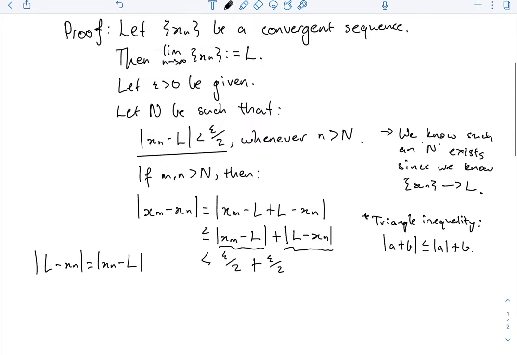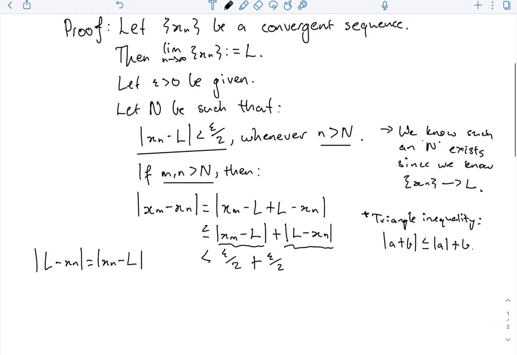Because we have m and n greater than capital N. If it's true for n greater than N, then it's definitely the case that the size is less than epsilon on 2 for any point after the capital N in the sequence.